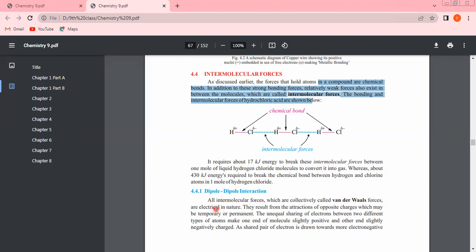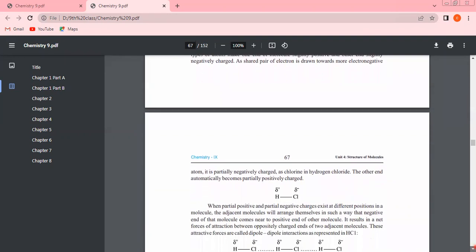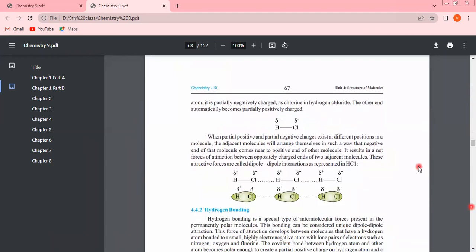Dipole-dipole interaction. All intermolecular forces, which are collectively called van der Waals forces, are electrical in nature. They result from the attraction of opposite charges, which may be temporary or permanent. The unequal sharing of electrons between two different types of atoms makes one end of the molecule slightly positive and the other end slightly negative. As the shared pair of electrons is drawn towards the more electronegative atom, it is partially negatively charged, as chlorine in hydrogen chloride.